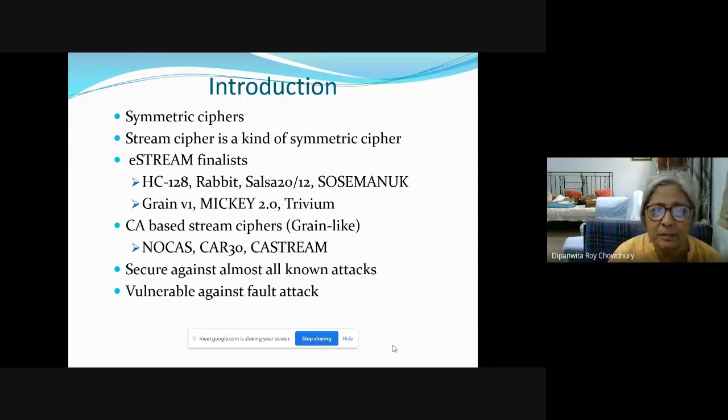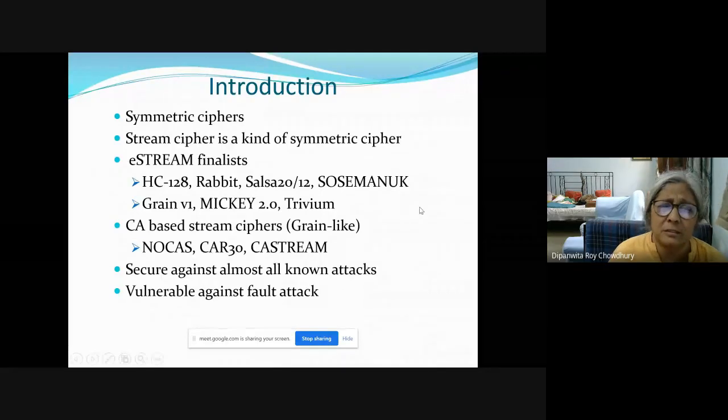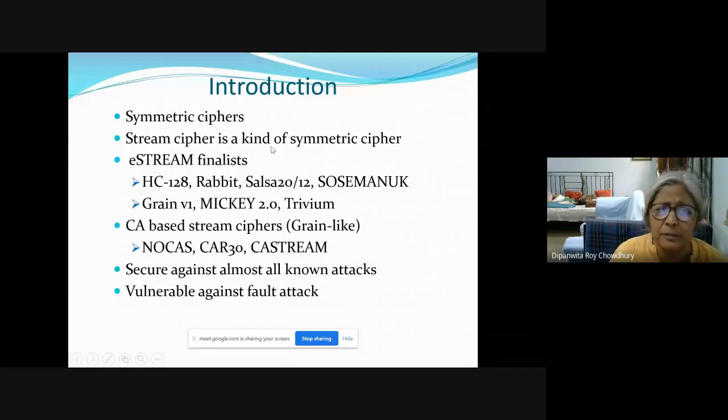So I already mentioned that this is one type of stream cipher, a kind of symmetric cipher, and what I was telling is the stream finalist. Actually, this is one competition, and finally the winners are HC-128, Rabbit, Salsa, and Sosemanu. These 4 are software based.